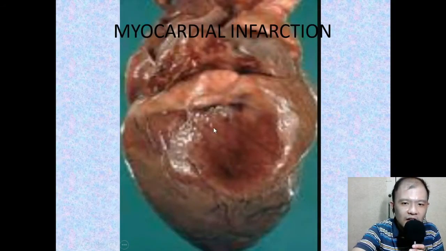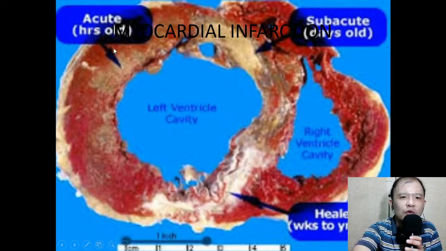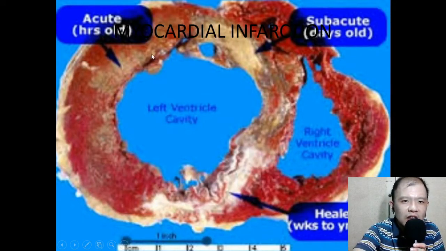This is the heart, and this is the infarcted area. So it is dark in color because of hypoperfusion of blood and oxygen as well as nutrients. And in the cross section, you see the hypoperfused areas of the myocardium.